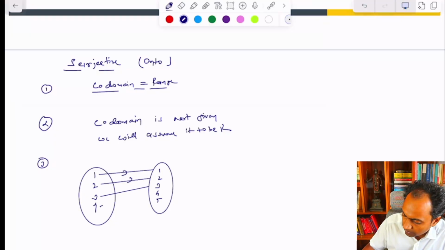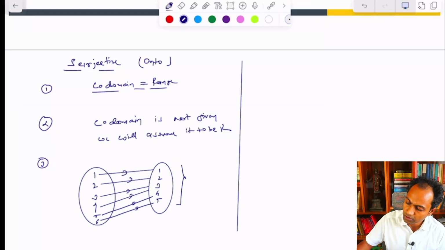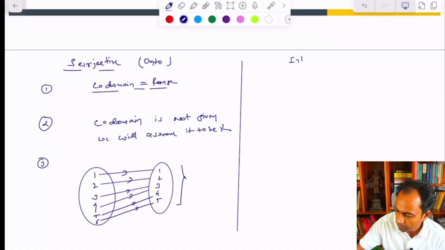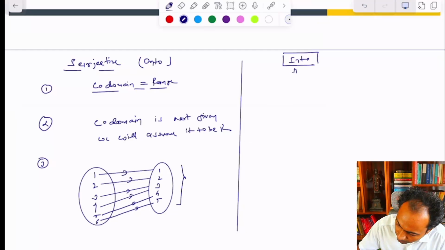So this can also happen, 2 elements got mapped here, but there would be then 5 that gets mapped to 4, and there would also be 6 that. So you can see that none of the elements on the right set is actually free. Now another function corresponding to this is into function. How do we check into? Whatever is not onto is into. Now the into is fundamentally not onto.